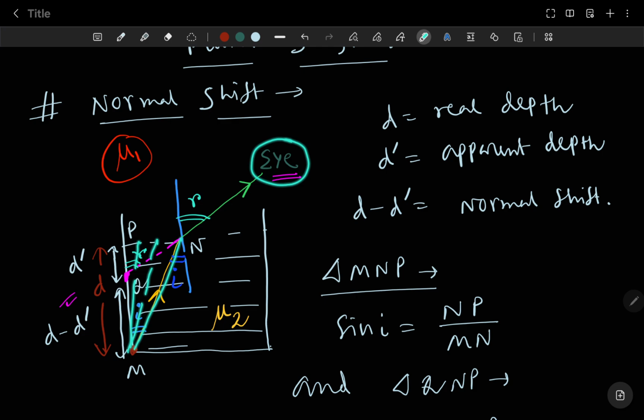We actually observe the object by taking our eye directly above the object, right? So the light rays that will reach the eye will not be so much oblique, right? Okay, they will be almost straight reaching the eye. Okay, so you see this point N is approaching P, so this point N will be very closer to P. Okay, clear? So N can be replaced by P.